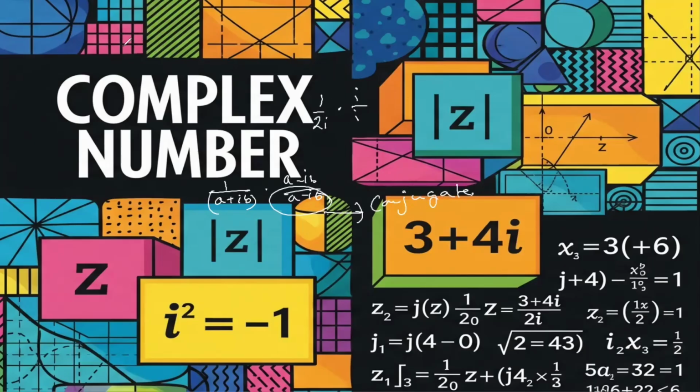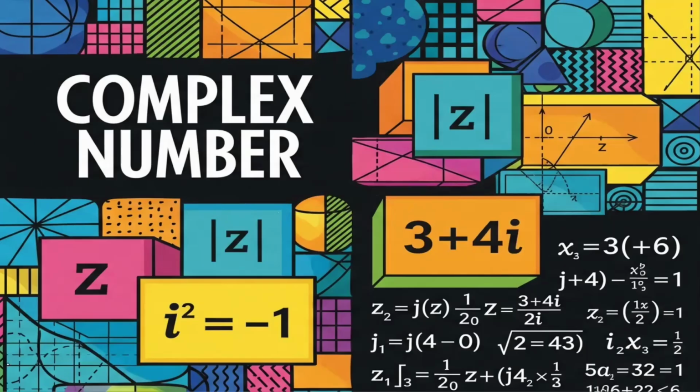If z is equal to a + ib, its conjugate will be a - ib. Clear? We just need to change the sign of the imaginary part, not the real part. The real part will always remain real; it will not be changed. We cannot change the real part, we can only change the imaginary part. Okay, the imaginary part's sign can change. Clear?